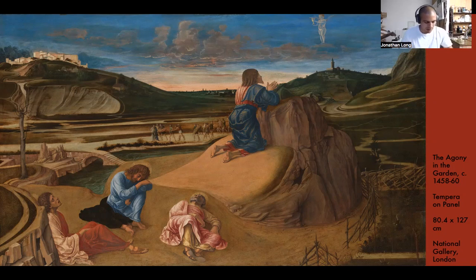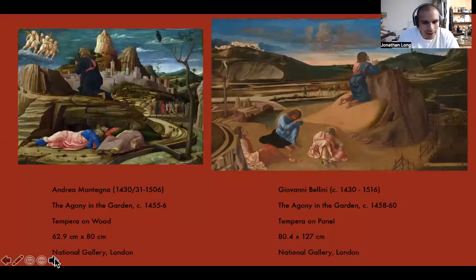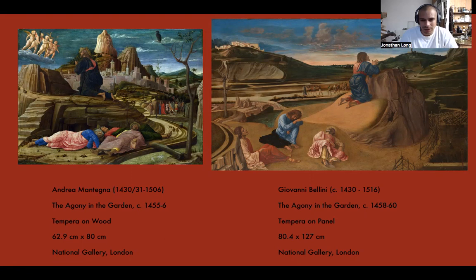And you will remember Mantegna's Agony in the Garden. Let's just look at them side by side quickly. Mantegna's was painted a few years earlier, from 1455 to 56, whereas Bellini's is from 1458 to 1460.